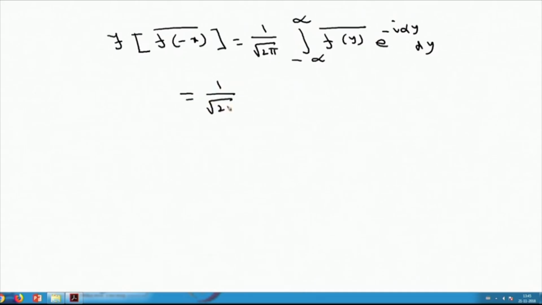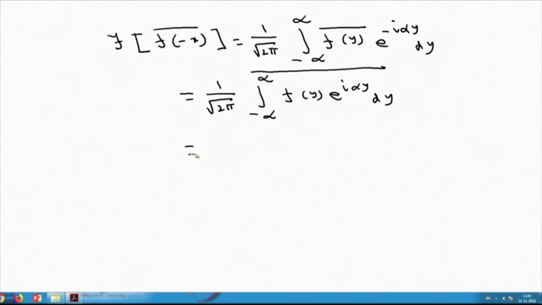This equals 1 by root 2 pi, integral from minus infinity to infinity, f of y, e power i alpha y dy, and this is nothing but I can put the whole bar. So, this is again the Fourier transform at alpha bar.